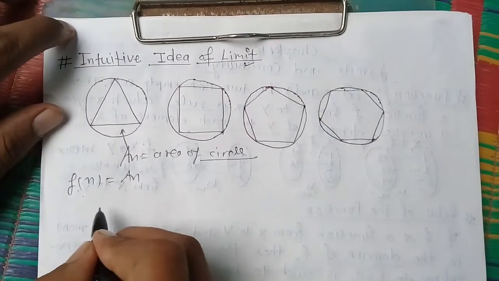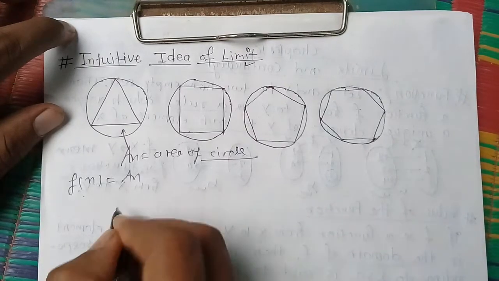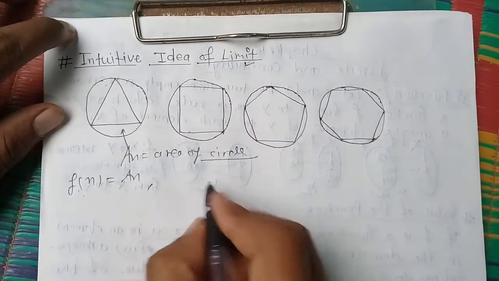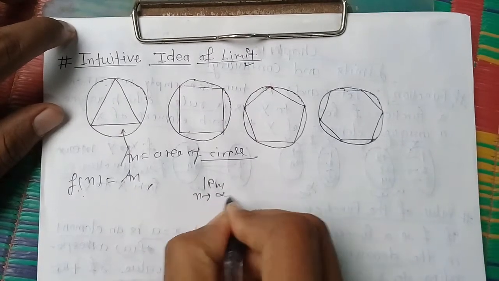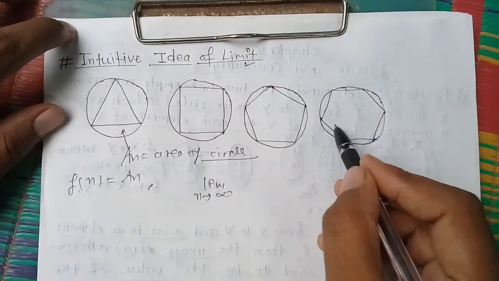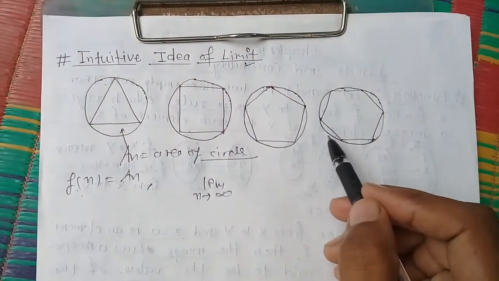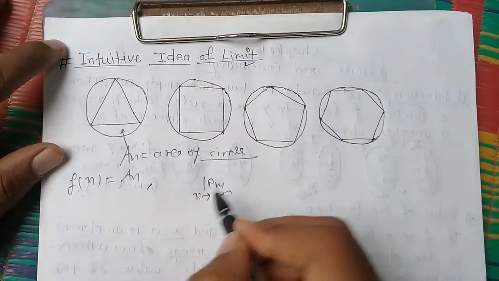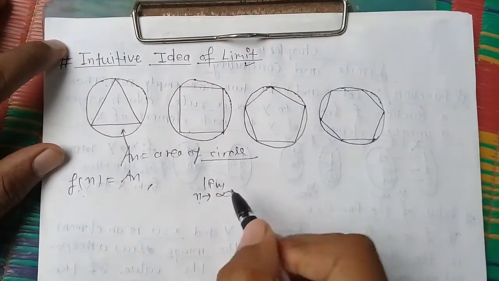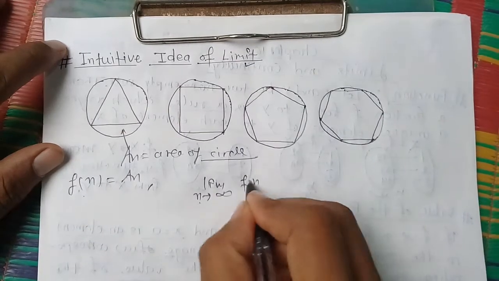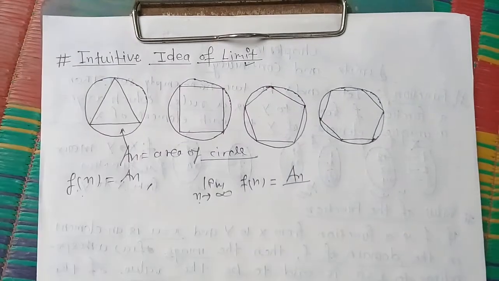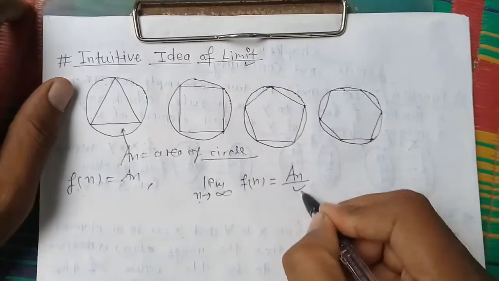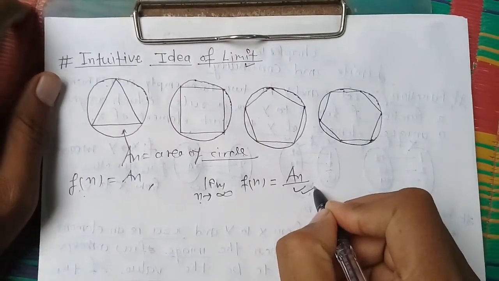Now the limit as n tends to infinity means if we take large values of n, where n represents the number of sides, then fn tends to exactly an, the nearly limiting value. This will be the limiting value of fn.